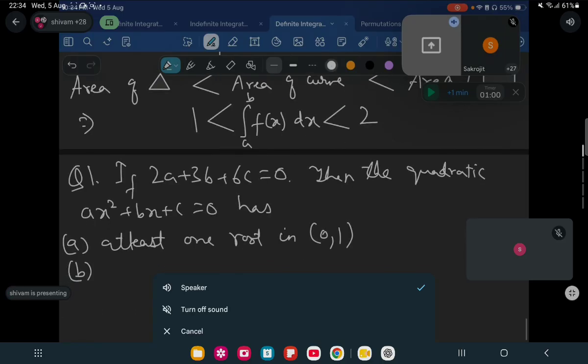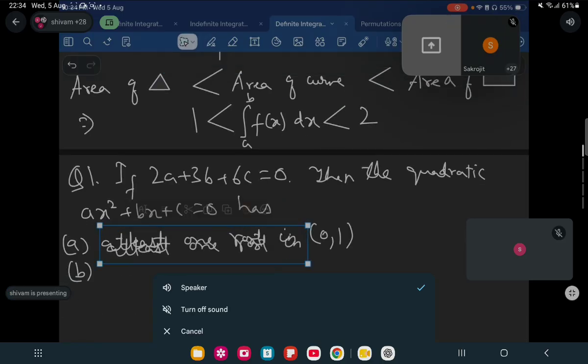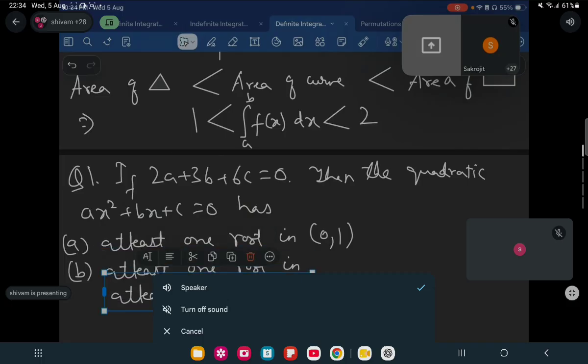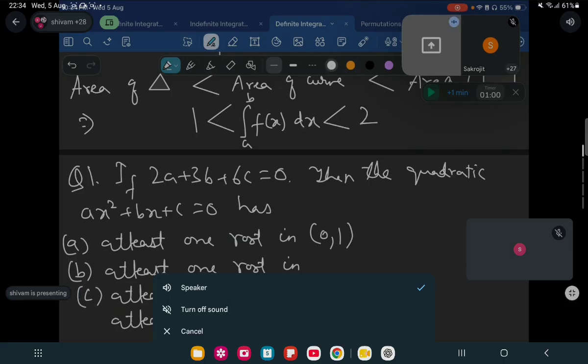Option B, at least one root in (1, 2). Option C, at least one root in (-1, 1). Option D, at least one root in (-1, 3). And option E is can't be determined. Okay, quickly solve.